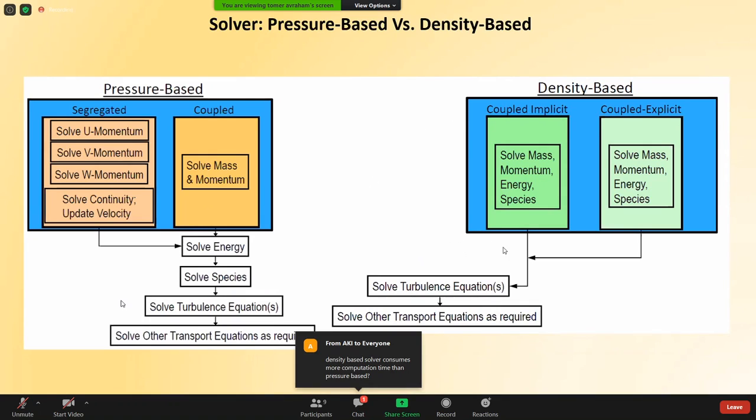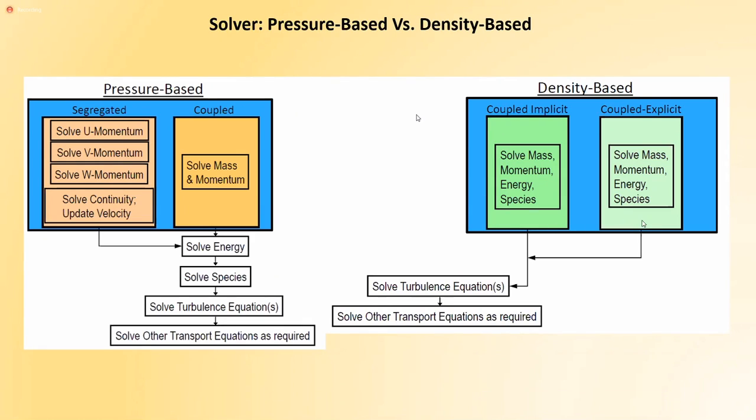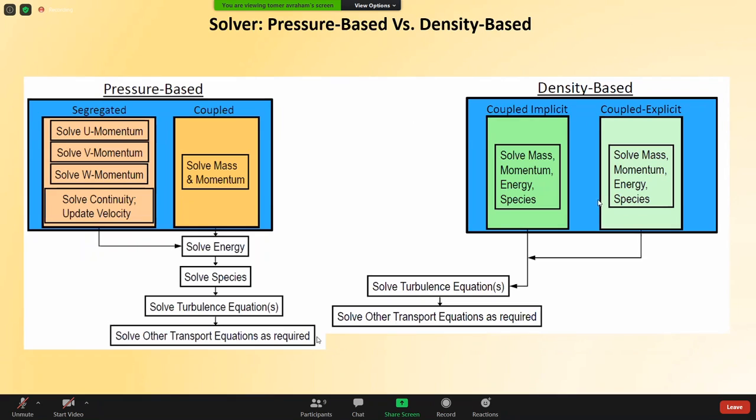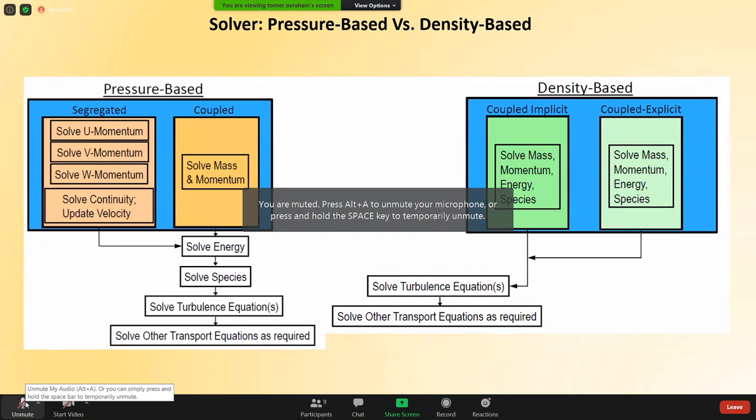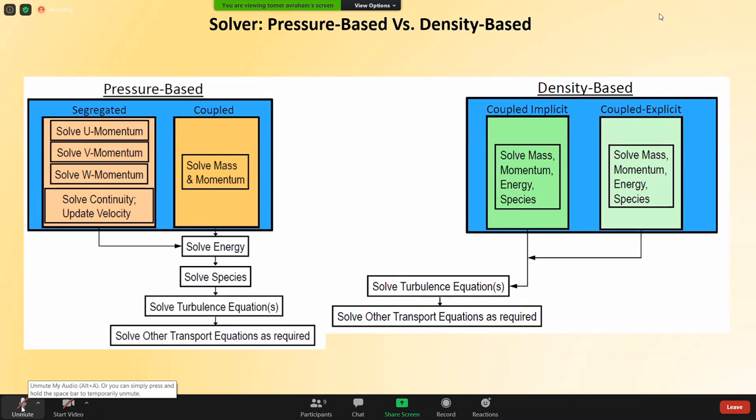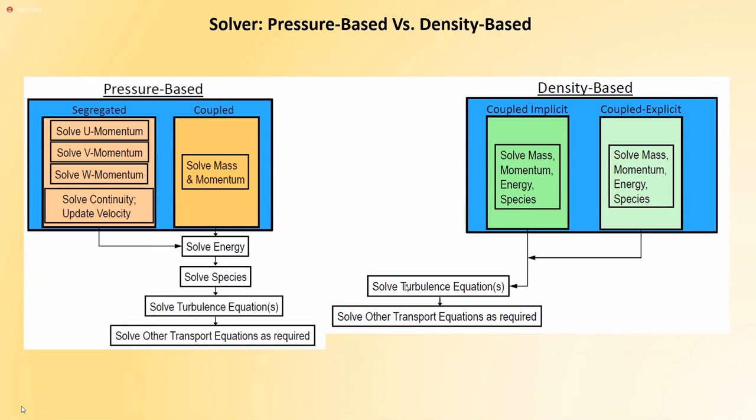I mean, the only difference is in the density-based method. You, of course, solve all the species, energy, momentum, mass, everything together, because you have the thermodynamics to solve, and then you go and solve the turbulence equations.